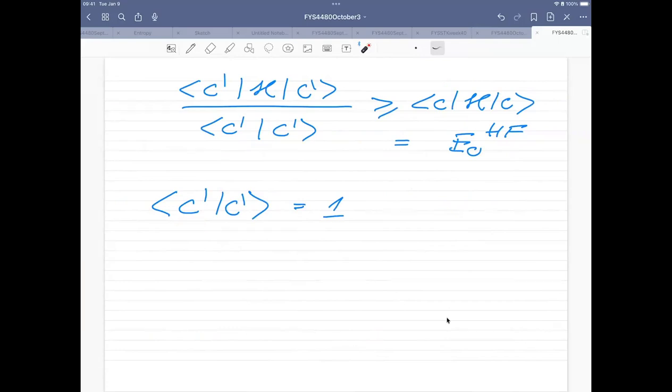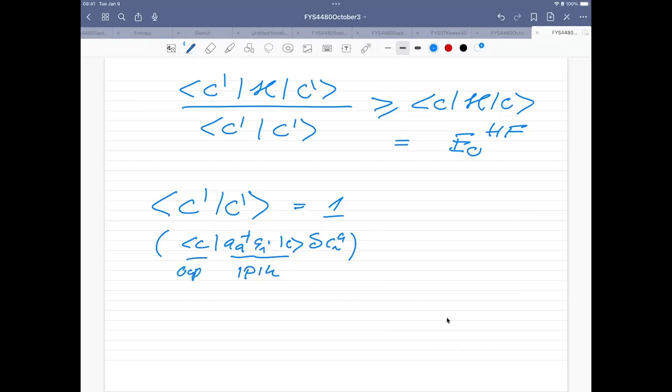So the terms with delta C to the power of 1 are going to disappear, because I'm going to have a C times an a_A^dagger a_I acting on C times a delta C, and that is obviously 0, because now I create a 1 particle, 1 hole state, and this is a 0 particle, 0 hole state.